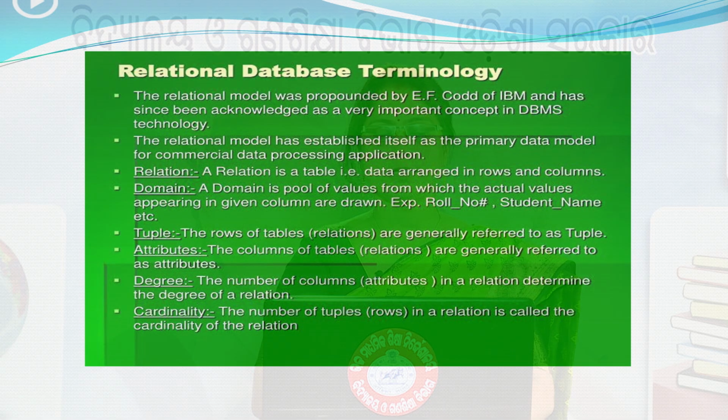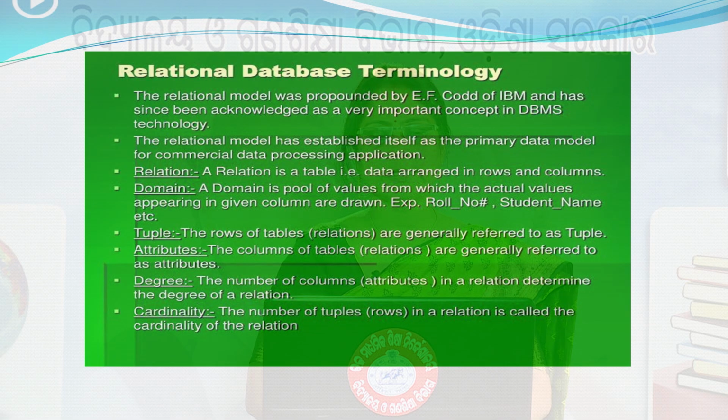Next is the concept of a tuple. What does tuple mean? The rows of a table or relation are generally referred to as tuples, or you can call it a record of data, while the columns of tables or relations are generally referred to as attributes.